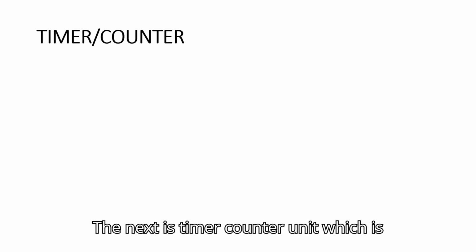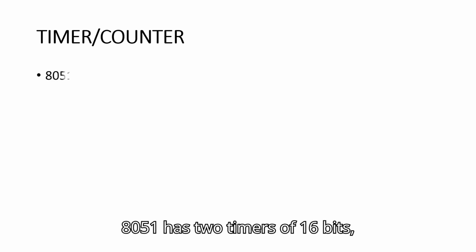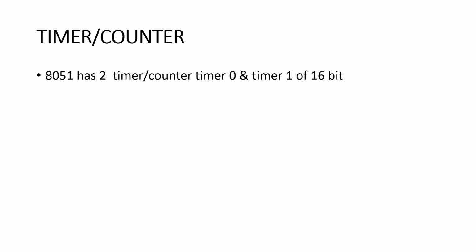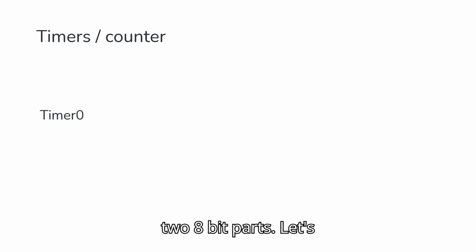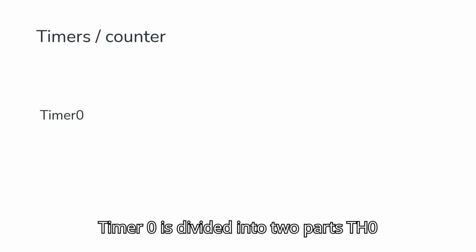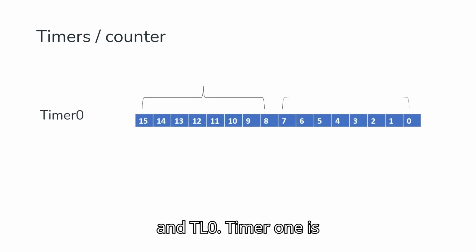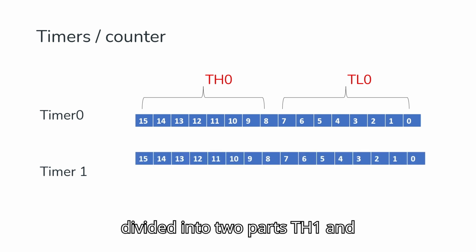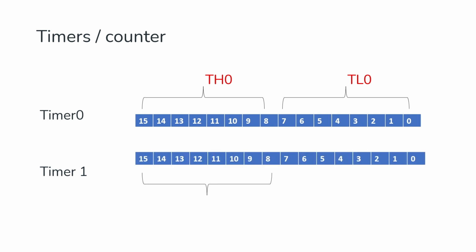The next is timer counter unit, which is also important. 8051 has two timers of 16 bits, timer 0 and timer 1. It is divided into two 8-bit parts. Let's see. Timer 0 is divided into two parts, TH0 and TL0. Timer 1 is divided into two parts, TH1 and TL1.